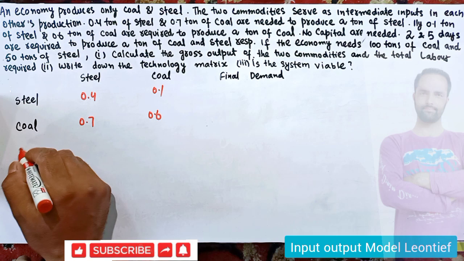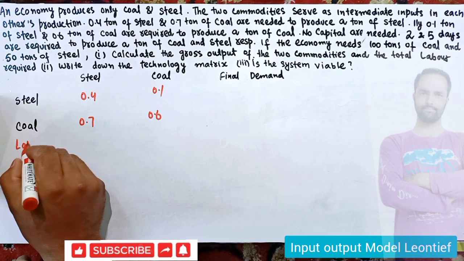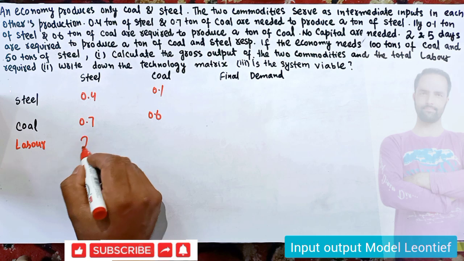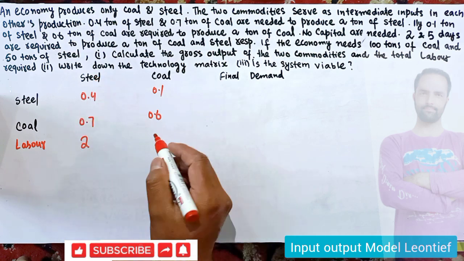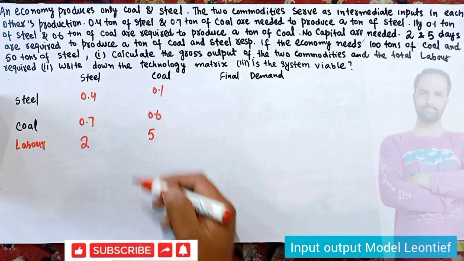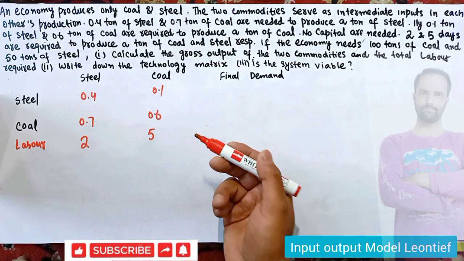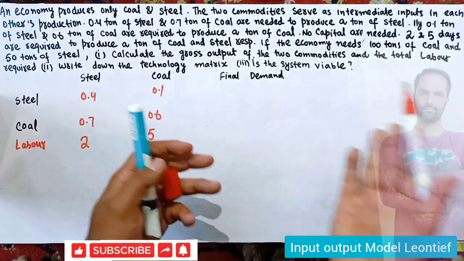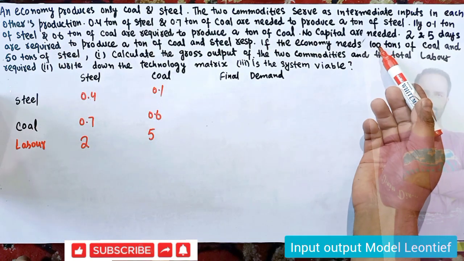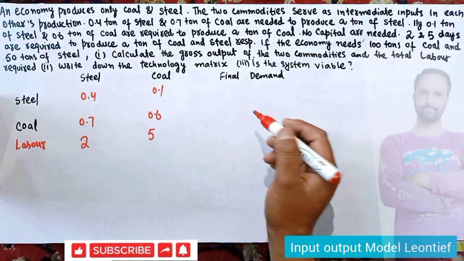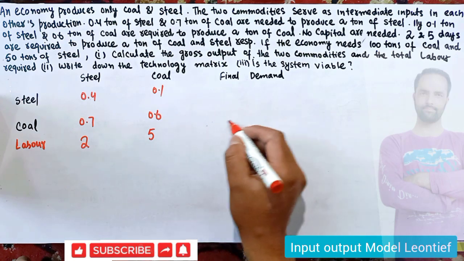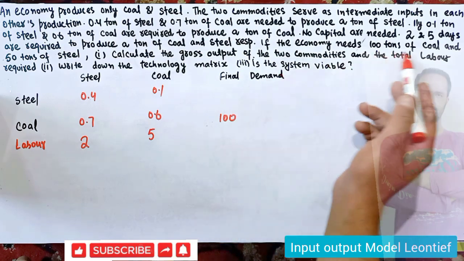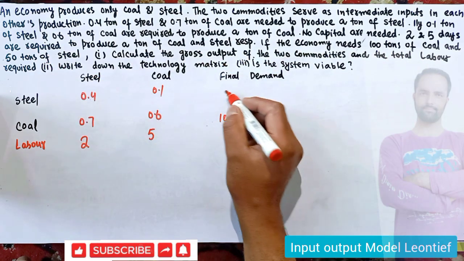That means, let me write it here, labor. Okay, we are being told it takes 2 labor days to produce 1 ton of coal and 5 days to produce 1 ton of steel. Okay, and final demand is being given to us here. Here we have 100 ton of coal. So let me write it here. So final demand of coal is 100, and the final demand of steel is 50.